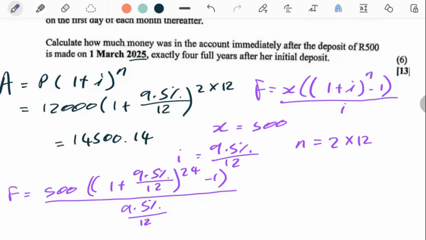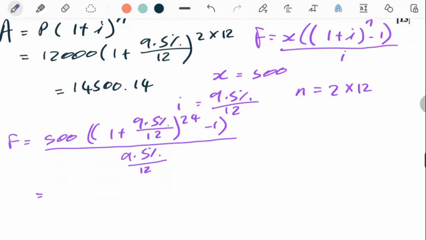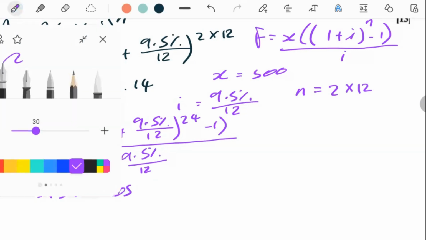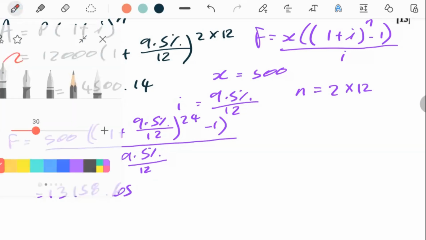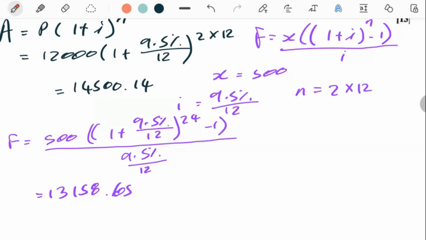So with the 500 rands alone, these are accumulating to a total of 13,158.65. So that being said, this 14,500 over the 24 months is also gaining interest.